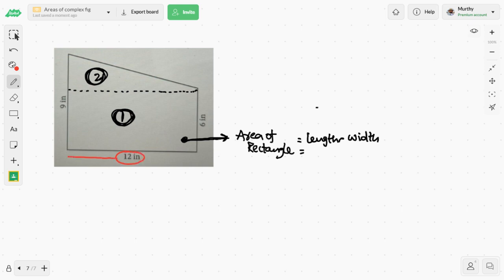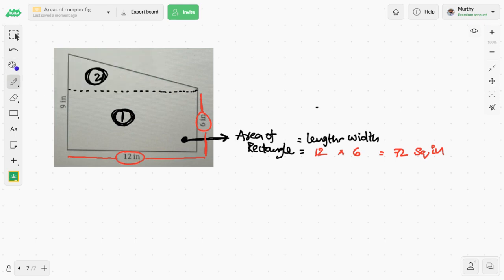Length is 12 units here, so that goes here, 12, and next width is 6 inches, that value goes here. 12 times 6 gives me 72. Don't forget, while computing the area, it should be expressed in square units.